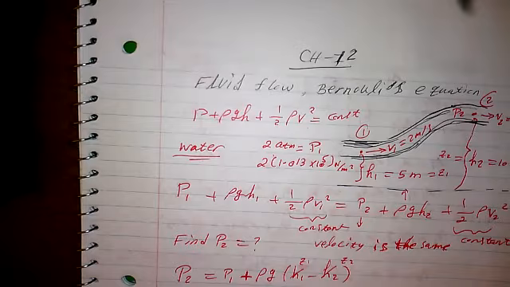I'm trying to cut down on the number of chapters, so chapter 12 is not going to be in this exam number 2, but it will be on the final exam. We're going to talk about the final exam next Tuesday. So problems from the 3 chapters, 5, 6, and 7, will be on the second exam.